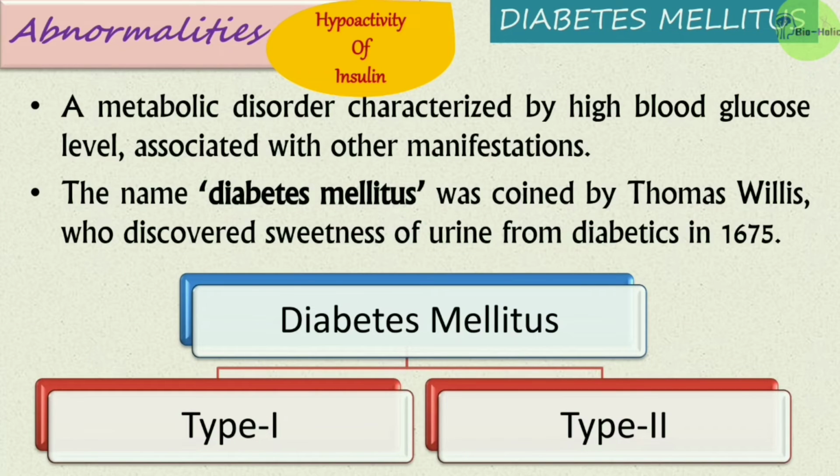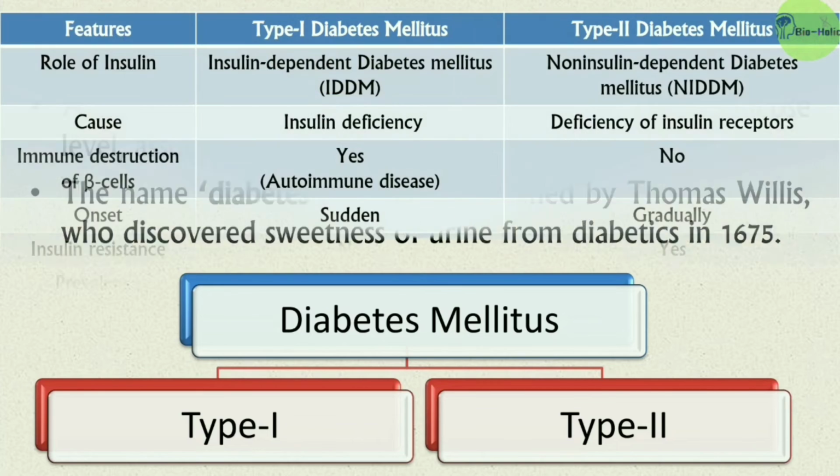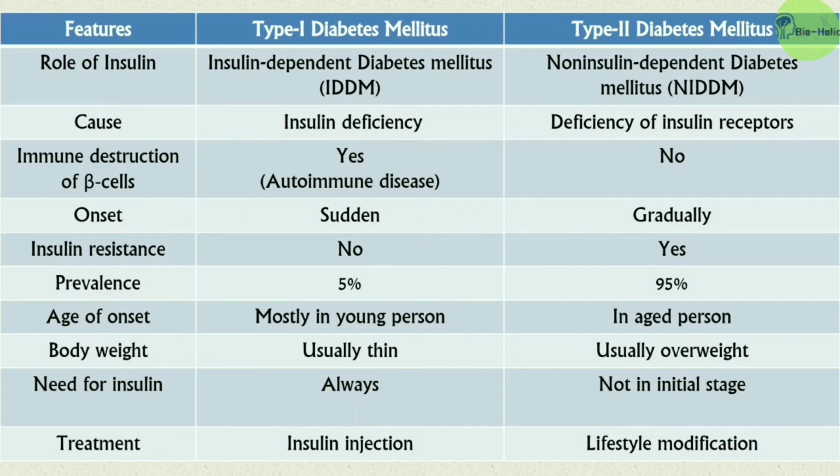And diabetes mellitus is of two types, type 1 and type 2. Type 1 is insulin dependent diabetes mellitus, IDDM, and type 2 is also known as non-insulin dependent diabetes mellitus or NIDDM.